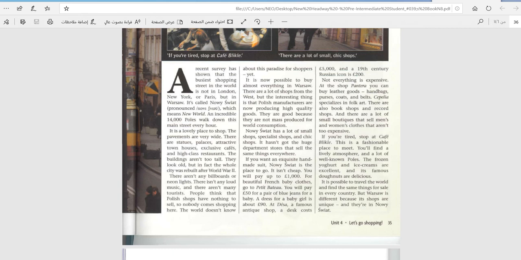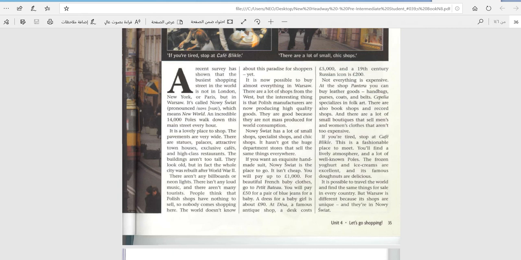Not everything is expensive. At the shop Bonita, you can buy leather goods, handbags, purses, coats and belts. Cepelia specializes in folk art.